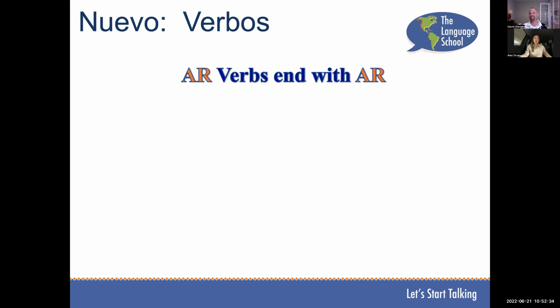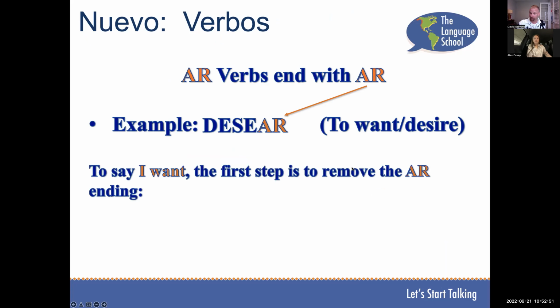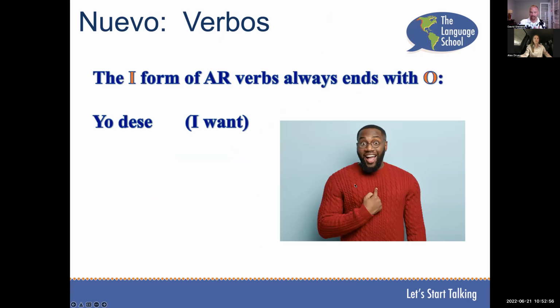So if I wanted to say, for example, I want, I would take the verb desear, which is on that slide that we were just looking at. That's what's called the verb infinitive, okay? So you have to remove that AR ending, and to say I want, you add back an O, yo deseo, and that's gonna be how to say I want. So your base is dese, to say I want, you say deseo, okay?